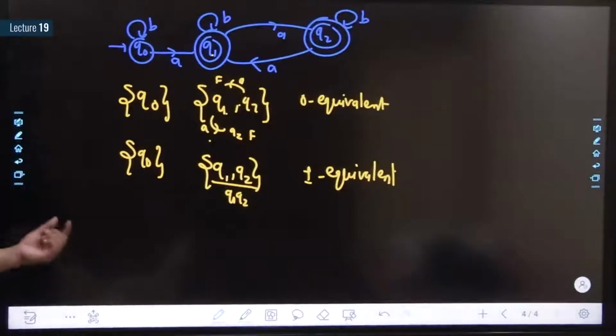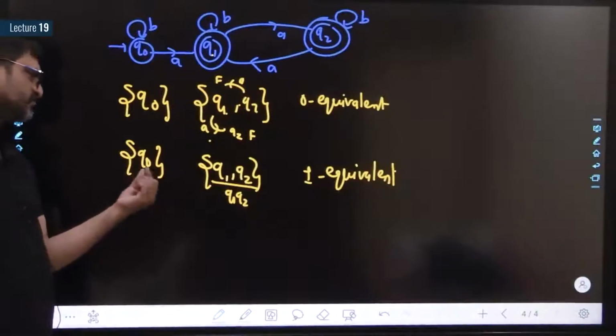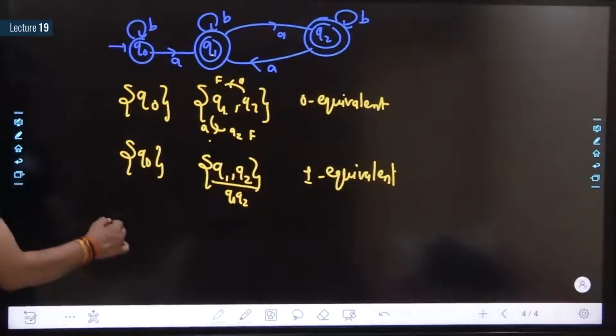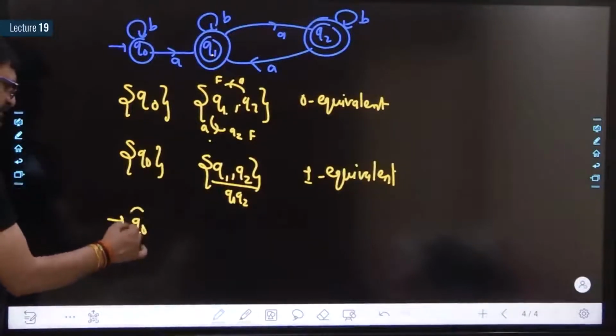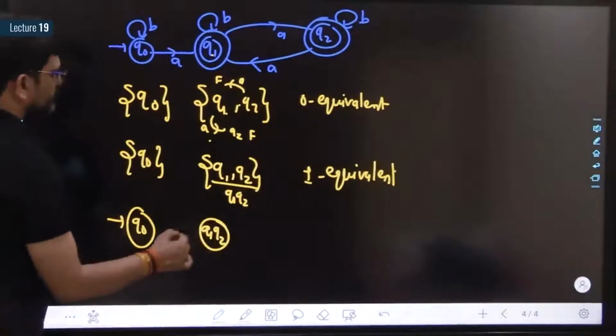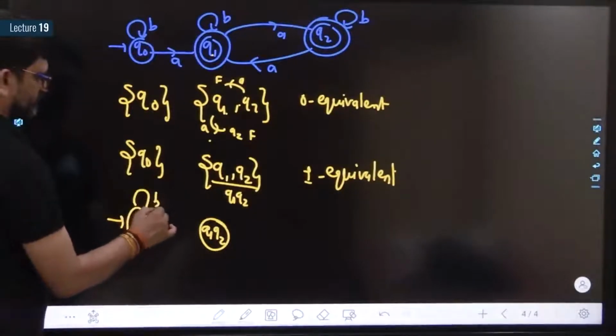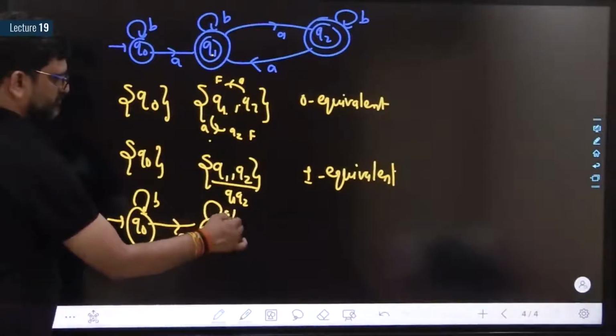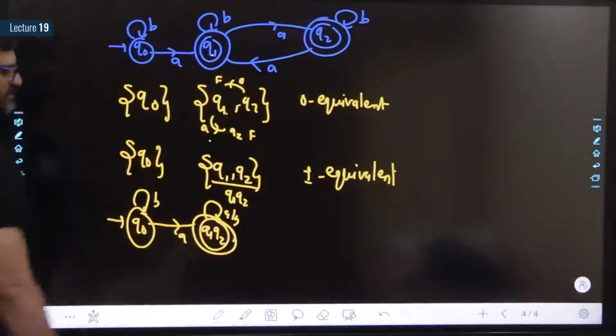In the minimal DFA, we have only two states, Q0 and Q1, Q2. This is the minimized DFA.